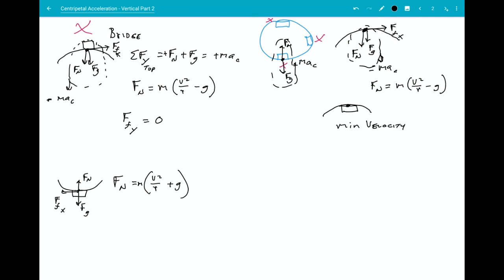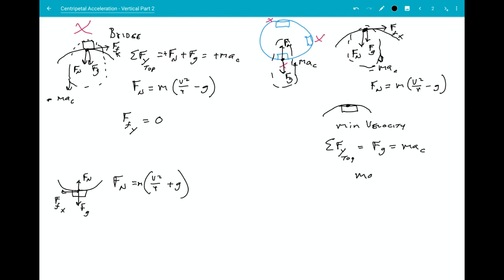Well, in this case, we're really trying to overcome gravity. So for that minimum velocity, the centripetal force has to be equal at least to Fg to make it. So in other words, you want to go faster than this minimum velocity.